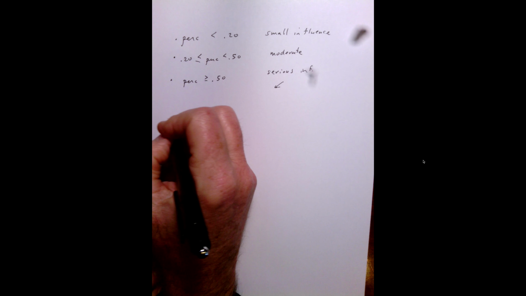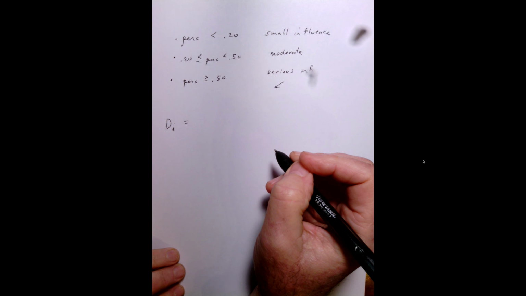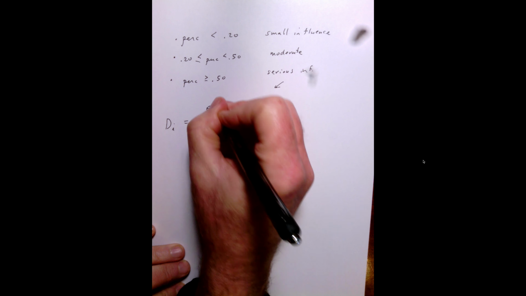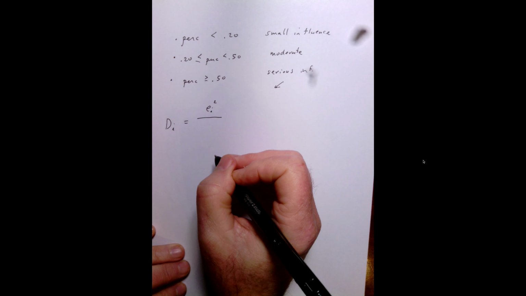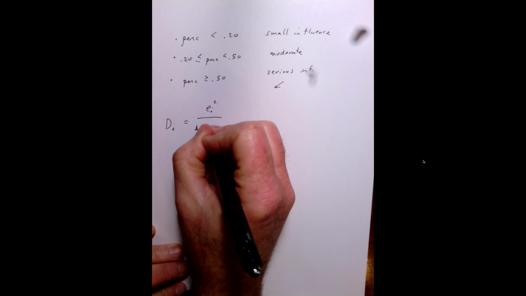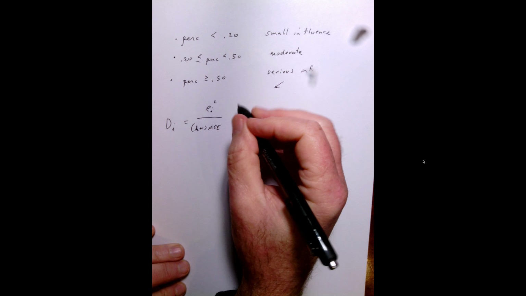So if I was going to calculate a Cook's distance for a particular person, I would look at the error for that particular person. I would square it. Then I would look at the number of predictors plus 1 multiplied by the mean square error.